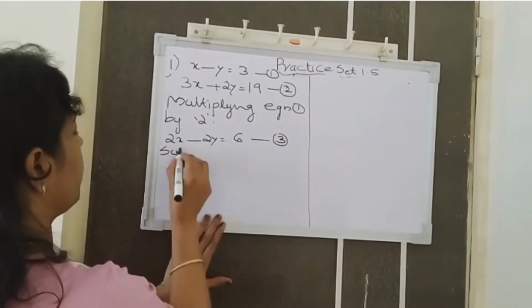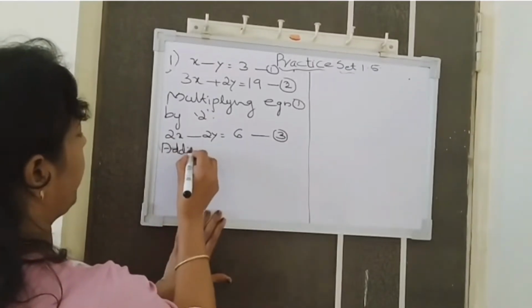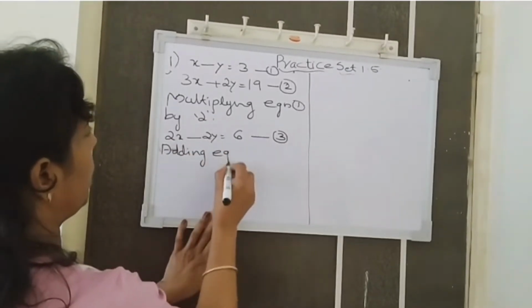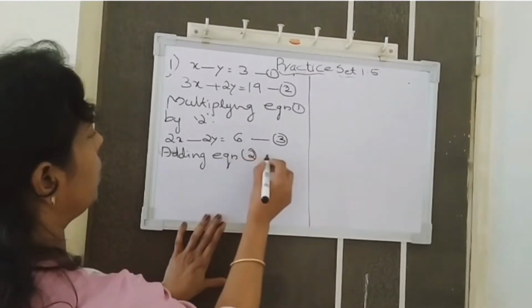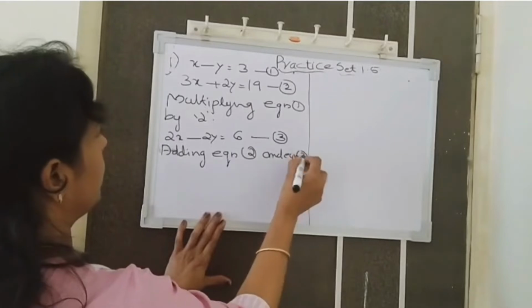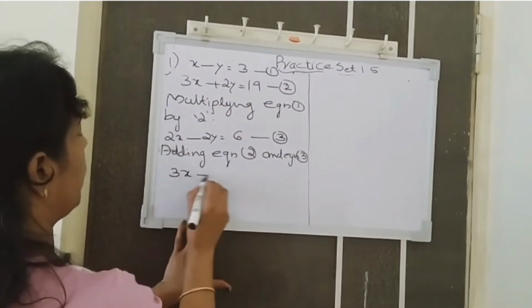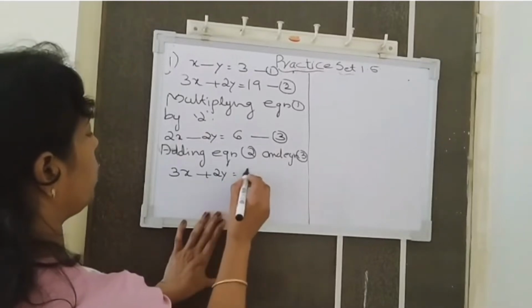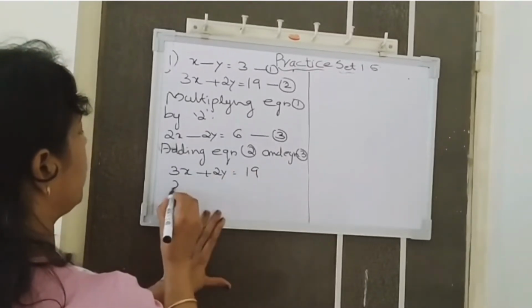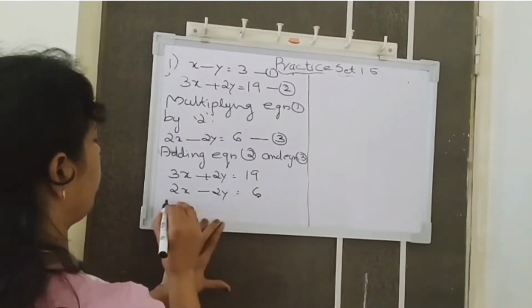Then adding equation 2 and equation 3. Equation 2 is 3x plus 2y equal to 19 and 2x minus 2y is equal to 6.